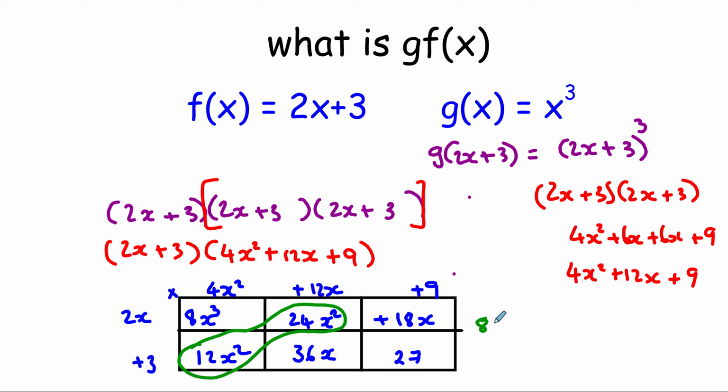So we have an 8x cubed. We're going to add that to 36x squared, and then these two get added up.